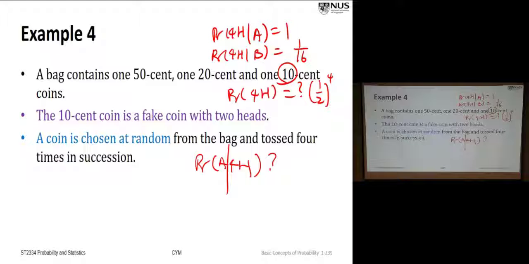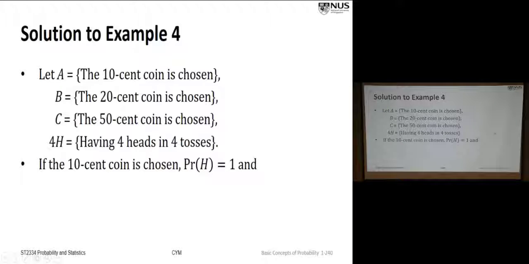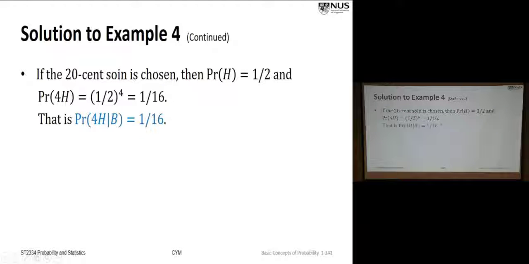Similarly for C. So getting 4 heads can come from A, can come from B, can come from C. So you have to work out the joint probability. This is the probability of getting 4 heads given A, and the probability of getting 4 heads given B is 1/16. Probability of 4 heads given C is 1/16.